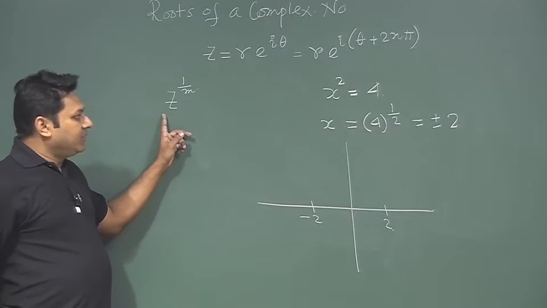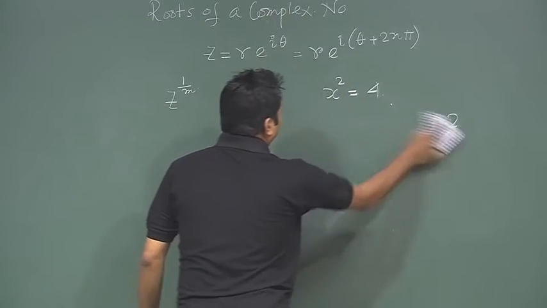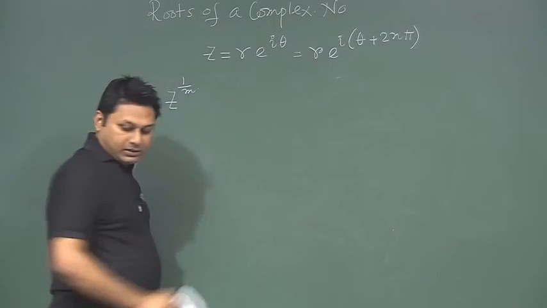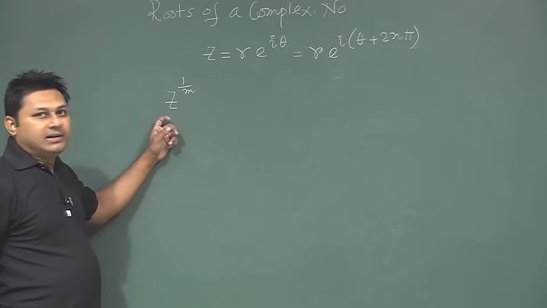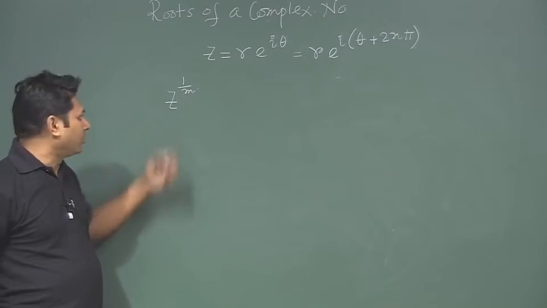Here I am doing the similar thing. But instead of having a real number, I am having a complex number in my hand, which is z to the power 1 by m.